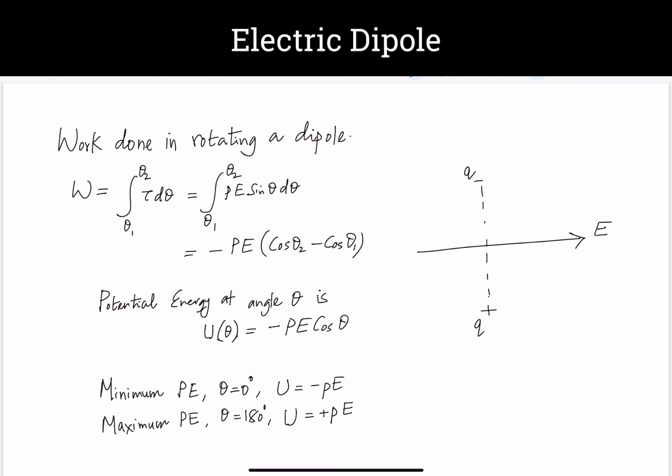On the other hand, if the dipole is situated with the negative here and the positive here, which means its dipole moment, being from negative to positive, is exactly opposite to the electric field, then you're going to get maximum potential energy, which would be plus PE. That's because cosine of 180 degrees is negative 1, and two negatives make a positive.